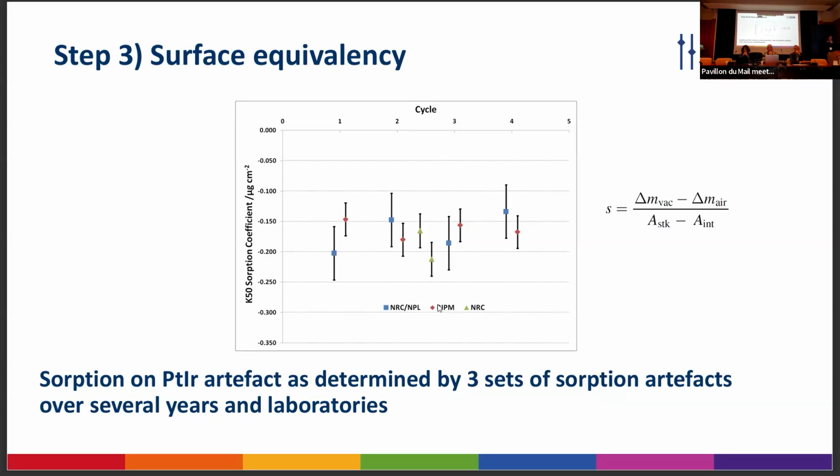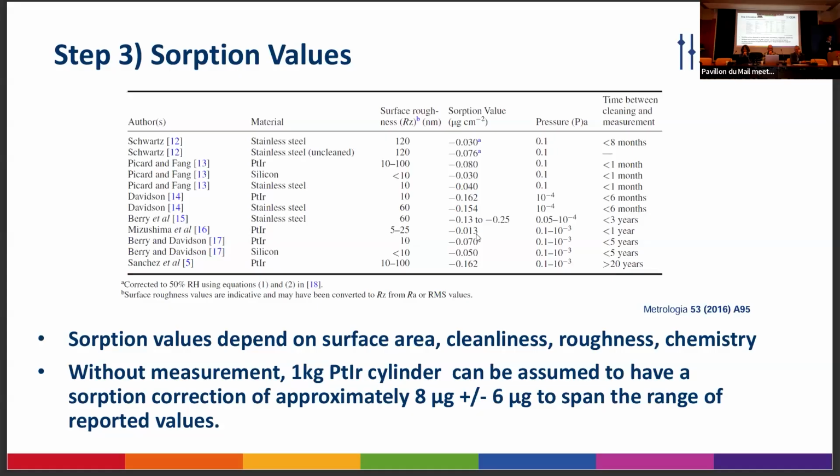We did this at NRC, at the BIPM, and we used NPL artifacts as well, and the value came out very, very similarly. And this is all over many years. So the sorption correction seems to be fairly stable and repeatable, even using different artifacts. That gives some evidence that it's quite good.